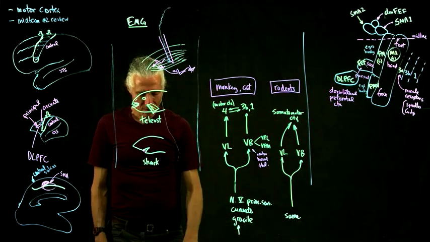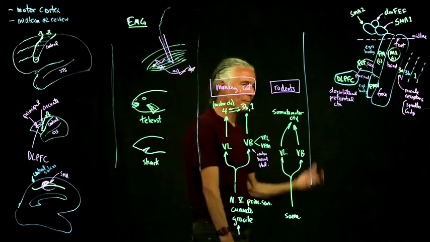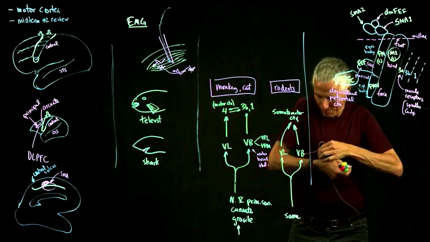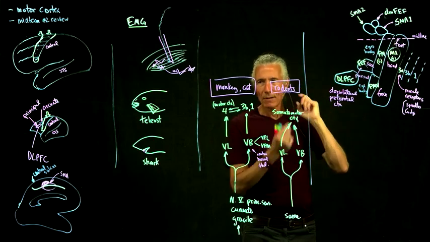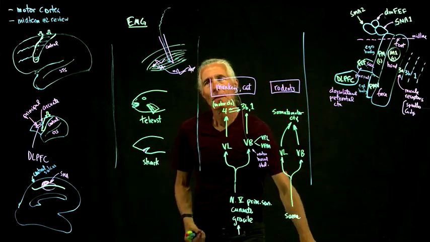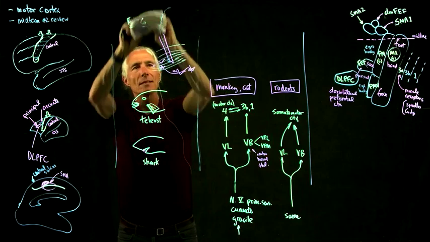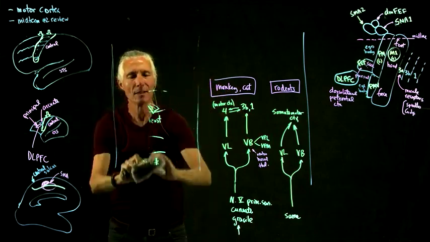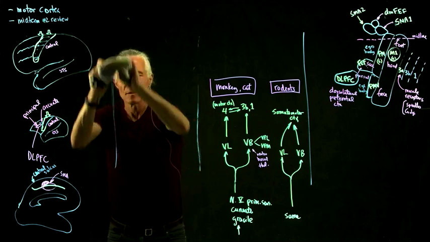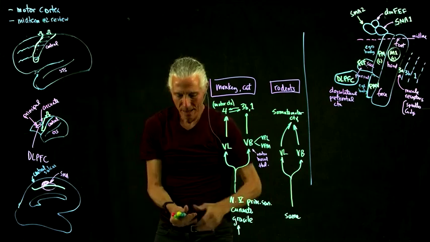And so what kind of experiments have been done here? One experiment, which doesn't distinguish muscles from space, is to have a monkey.